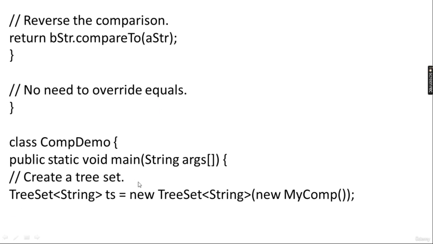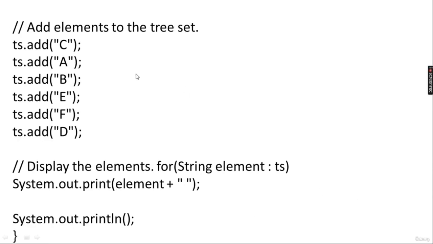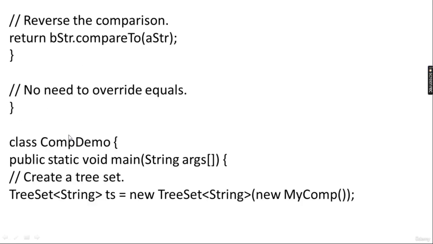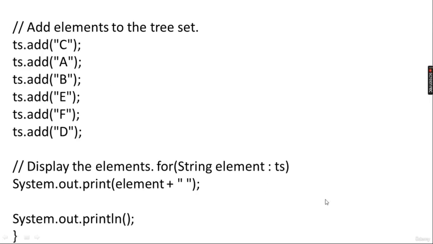The TreeSet object is created of String, and here we are passing the new comparator object. C, A, B, E, F, D are the elements we added. Natural ordering is the basic ordering it will follow, but we have passed here a comparator object.